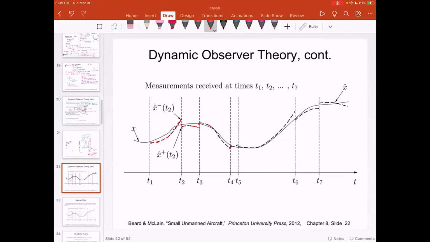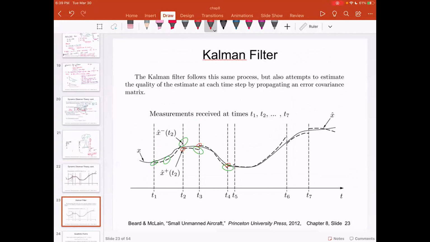Okay, a fair warning: the equations that you are going to see in this next section are going to be super duper complex. And it may be a little difficult to understand the complete Kalman filter in one go. So you may have to go back and review this material again.